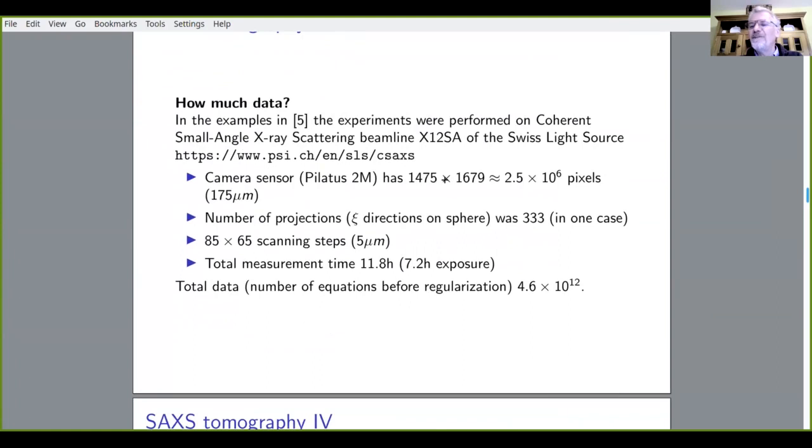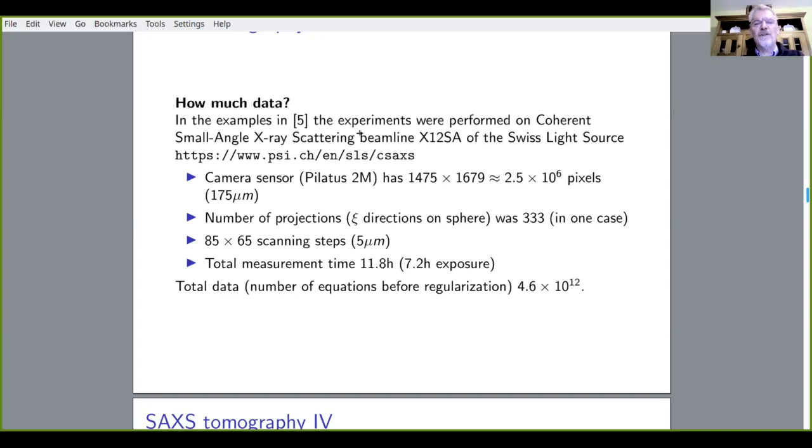Well, how much data? Let's do a data count. I'm not really sure that I'm going to say exascale, unless you want to go really fast; it also depends how quickly you need to do it. But it's interesting just to count how many measurements we make and how many unknowns as well.